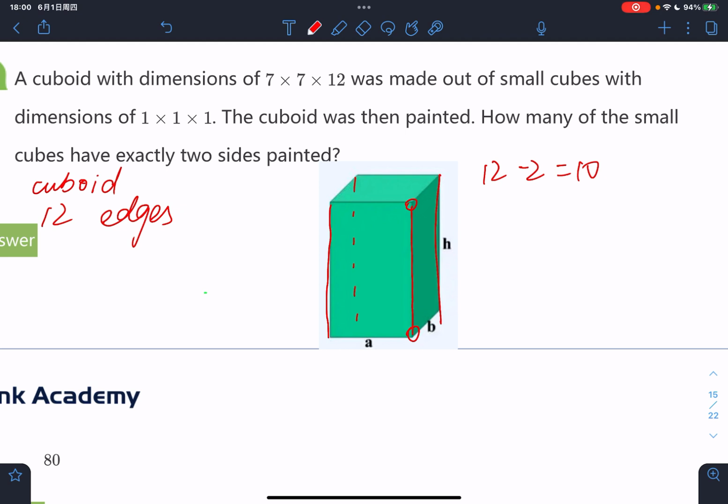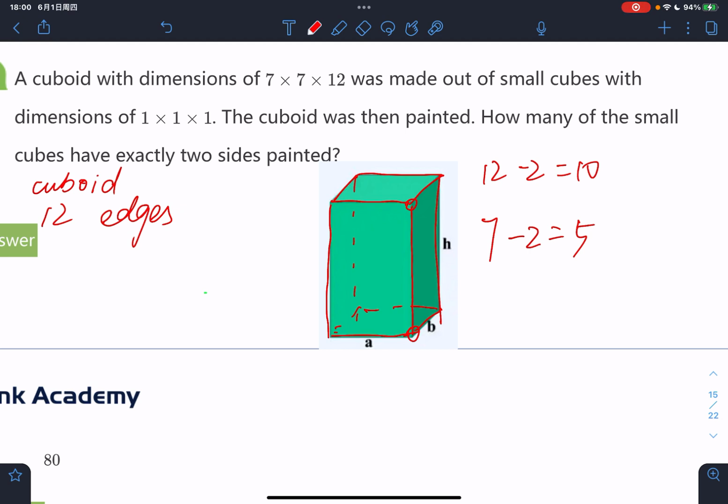And for each of the 8 shorter edges, they have 7 units. So there are 7 subtracting 2, which is 5 such cubes, for the same reason, because we subtract the 2 corner cubes at the ends of these edges.